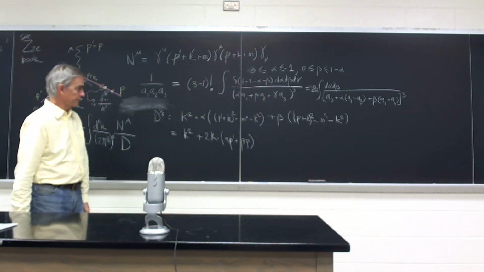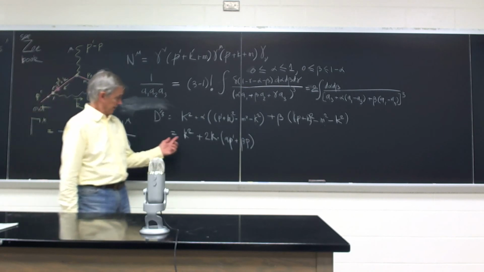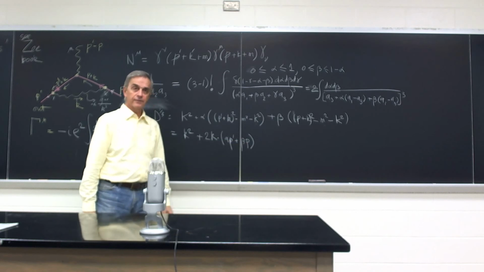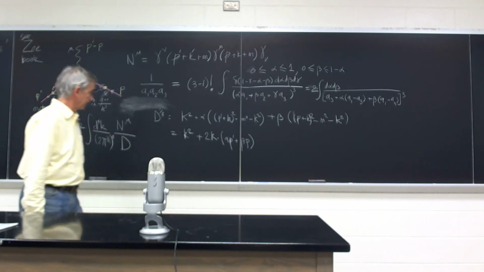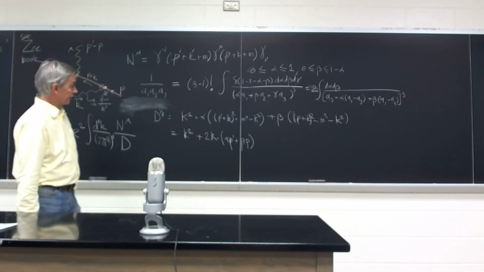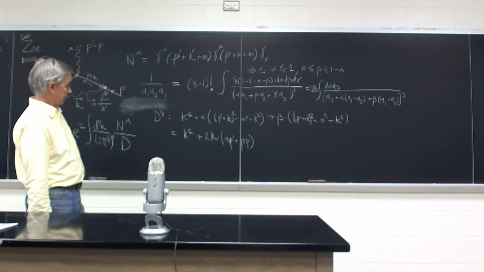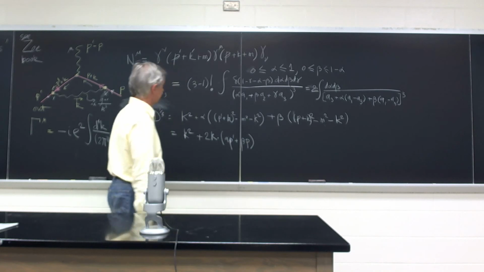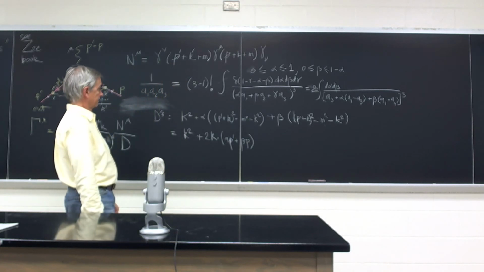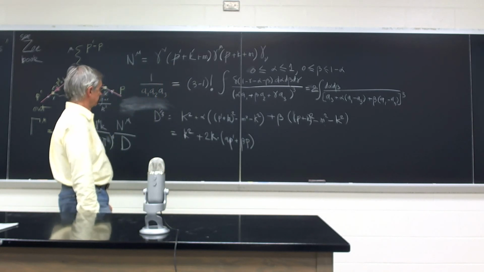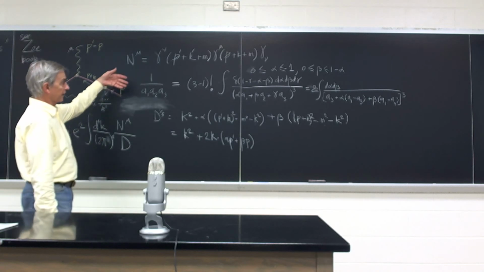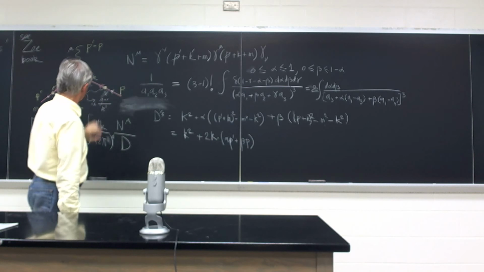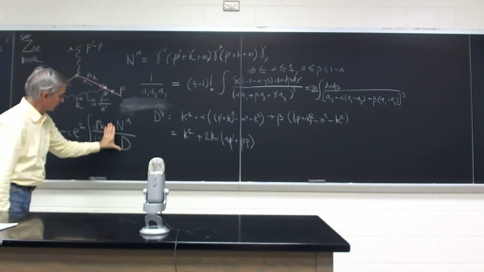So you get a very simple expression, which you can obviously complete a square of because it's quadratic in k, and I still have to do my integral over k. I'm just working on the denominator right now.